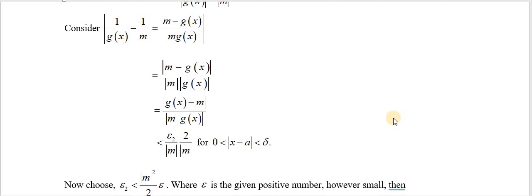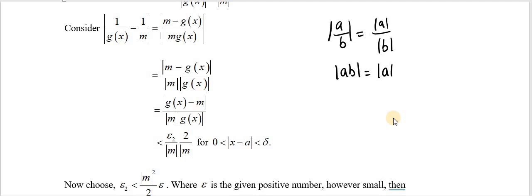So take LCM m into g of x, then we are going to get m minus g of x. Separate modulus for numerator and denominator because mod a by b is equal to mod a by mod b. Again in the denominator, mod ab equal to mod a into mod b concept. By using these two concepts, this term is converted like this.